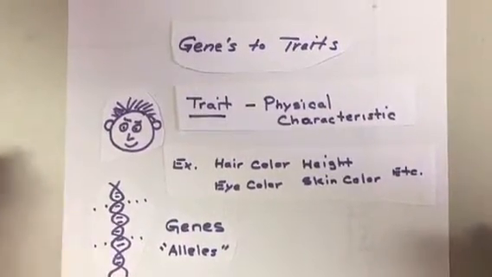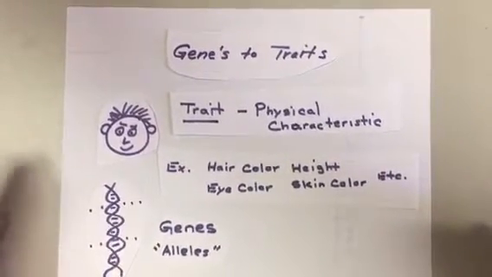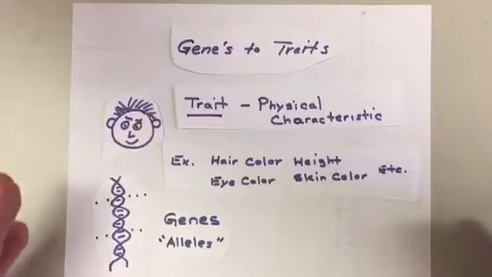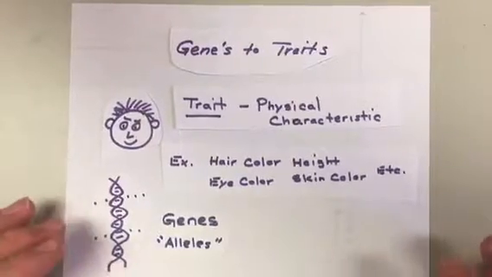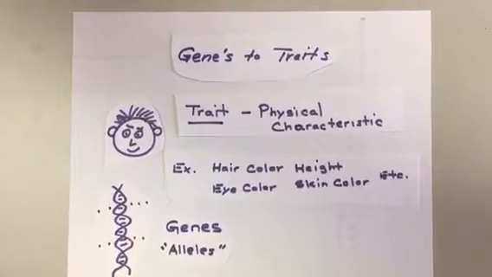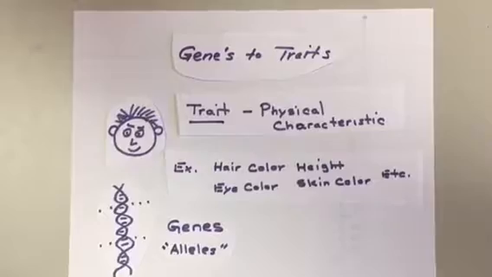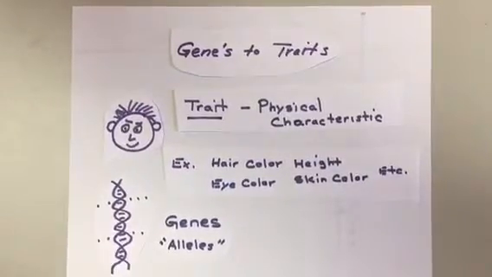You can have a gene that can give you brown hair, another gene that can give you red hair, another gene that can give you blonde hair. All those genes are alleles because they're different versions of each other. So when you hear the word allele and gene, don't get freaked out. It's the same thing.